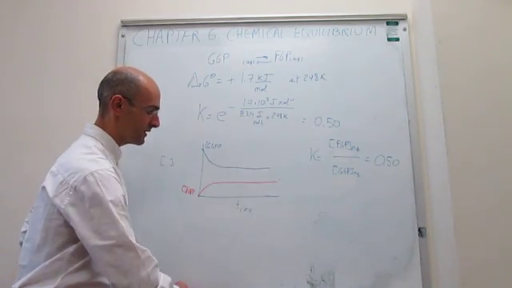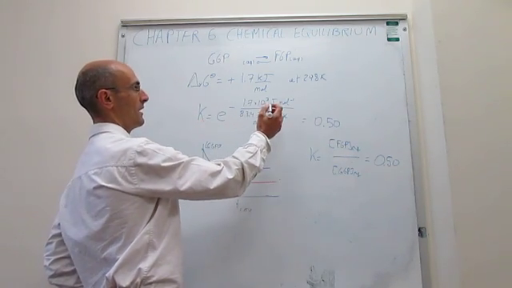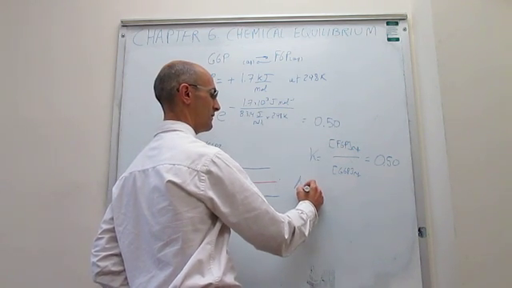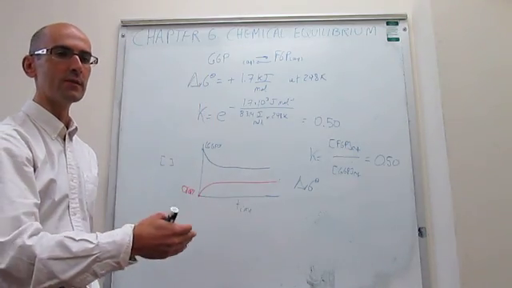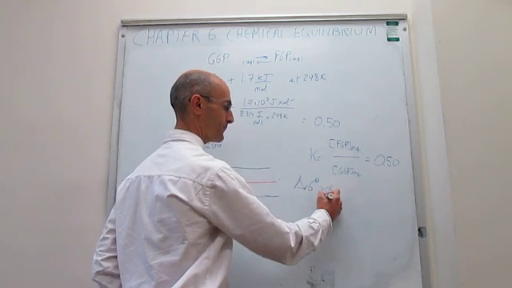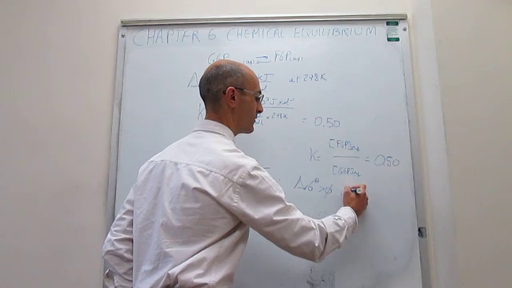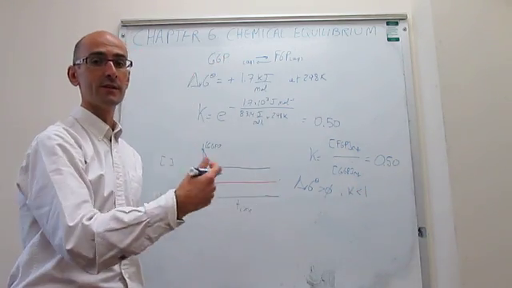Now we can generalize these findings of the relationship between the equilibrium constant and the reaction Gibbs energy by noticing that the sign of the reaction Gibbs energy tells you whether you're displaced towards reagents or towards products. If this number is positive, like what we have right here, then it turns out that the equilibrium constant is less than 1, and the reaction is not displaced towards products.